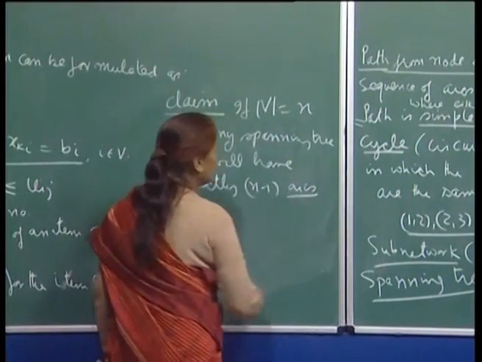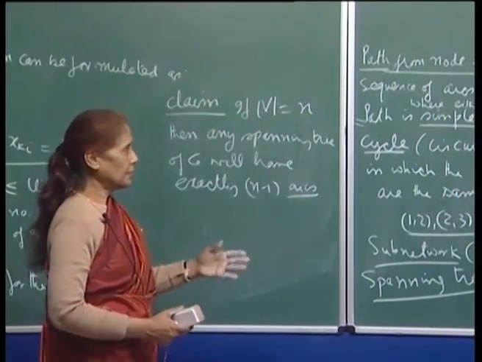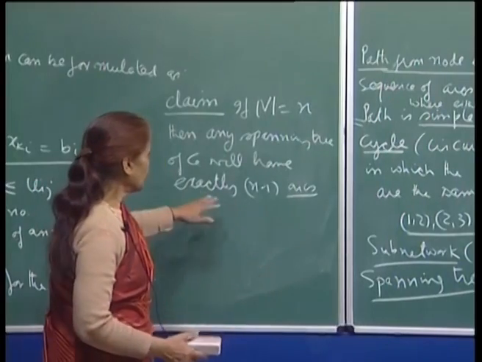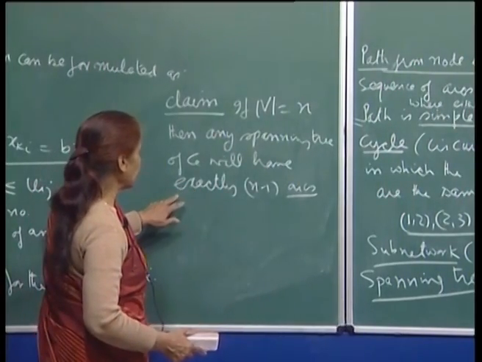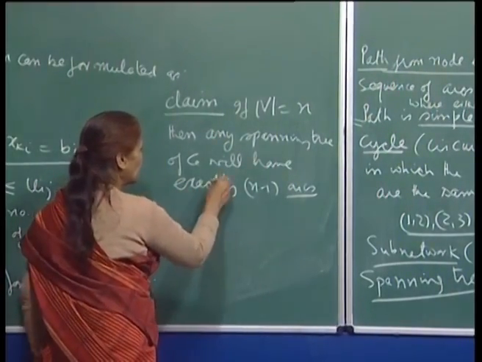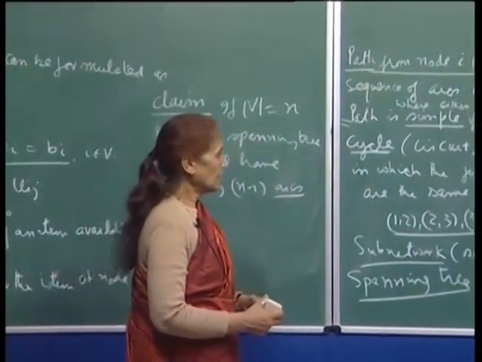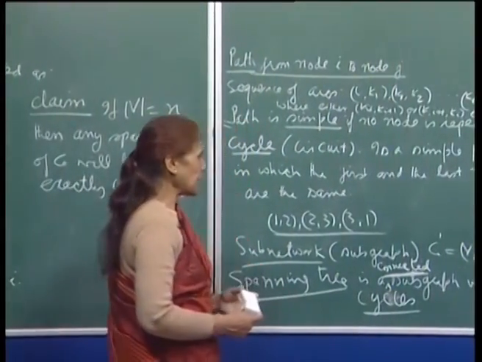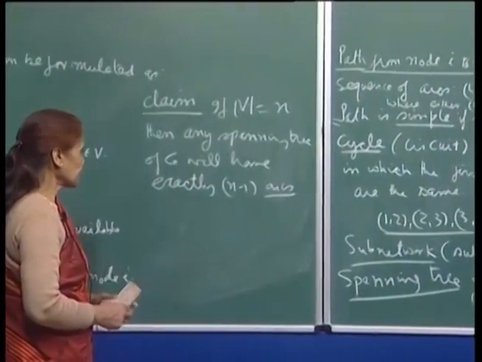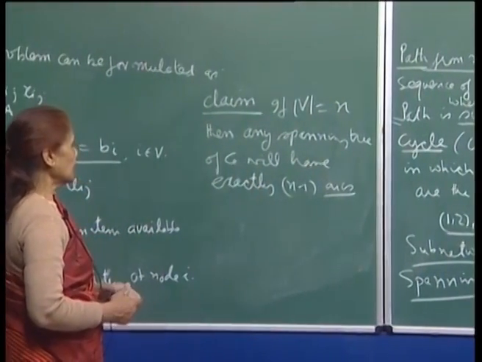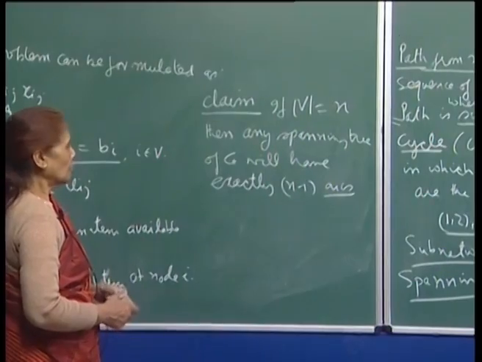By the way, what I am defining is also valid for an undirected graph. So, a spanning tree will have exactly n minus 1 arcs if the cardinality of the node set is n. And using this, we can do a lot of interesting things.